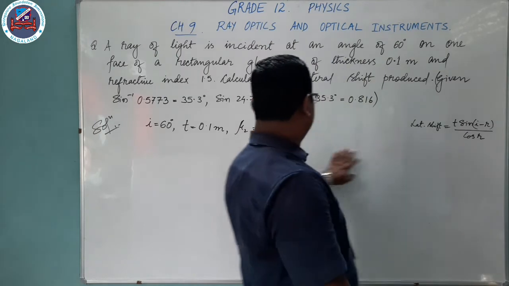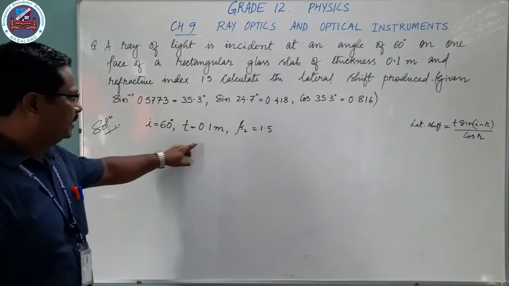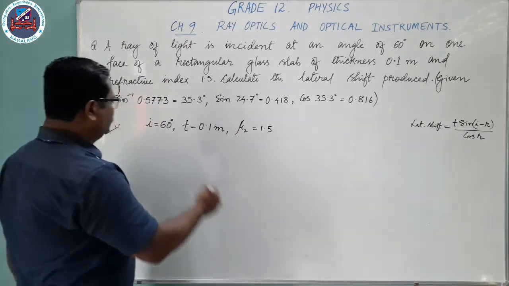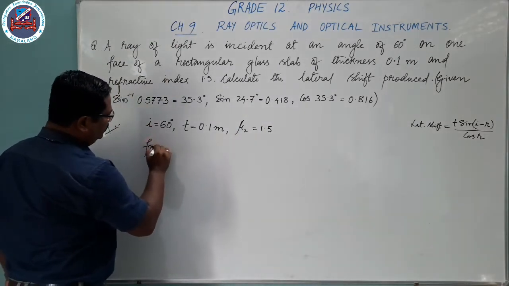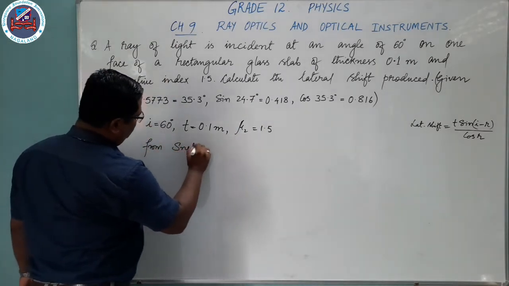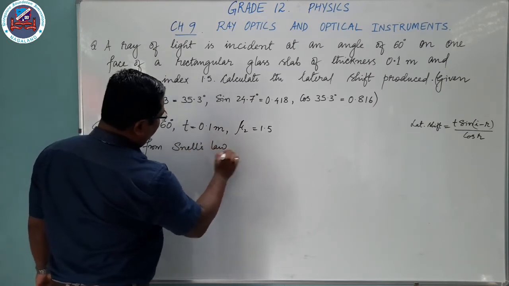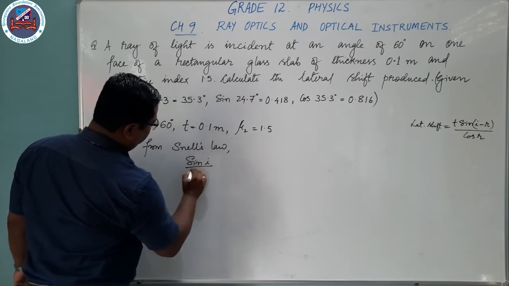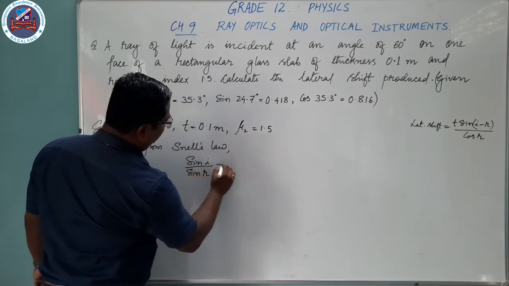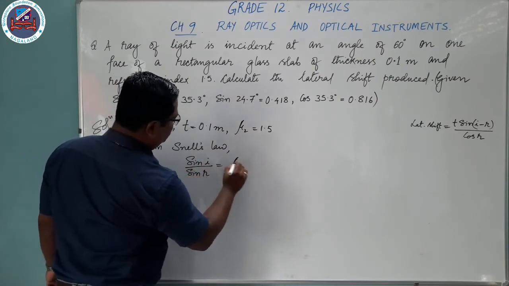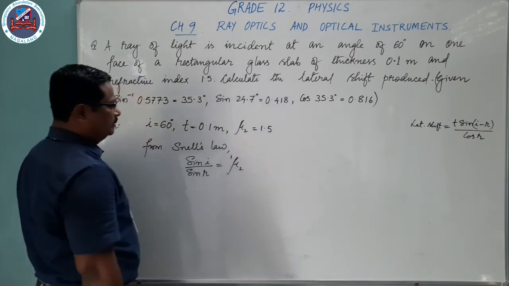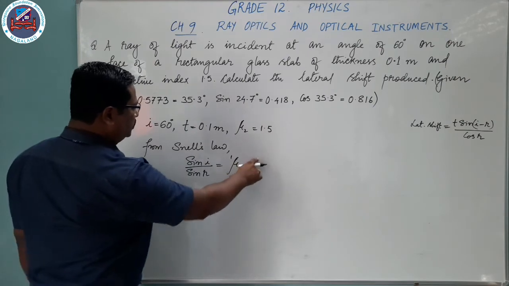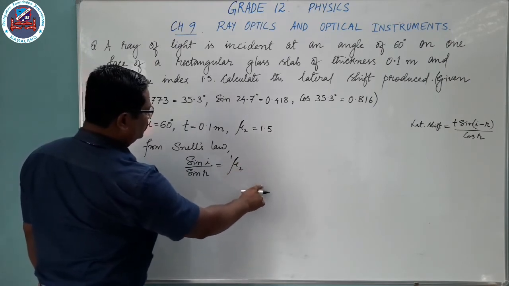Now here in this question you can see that R is missing. So from Snell's law, first of all you find out the value of R. Sin I by sin R is equal to the refractive index of glass with respect to air, or simply we can write the refractive index of glass, because it's mu2 by mu1 and mu1 is equal to 1.